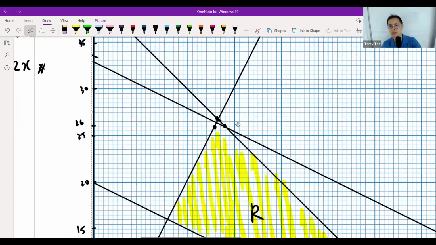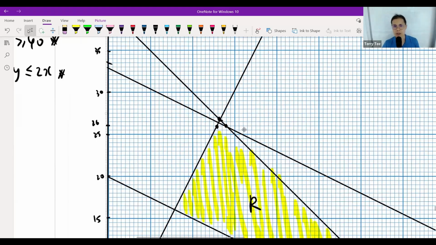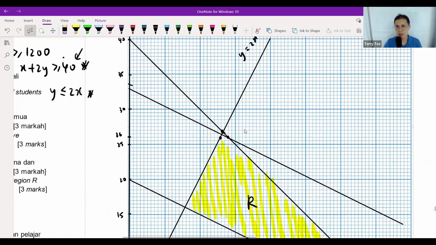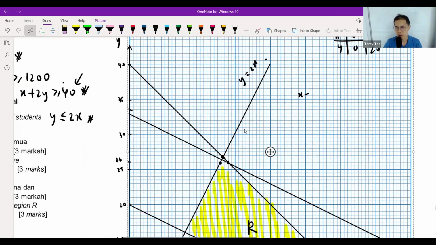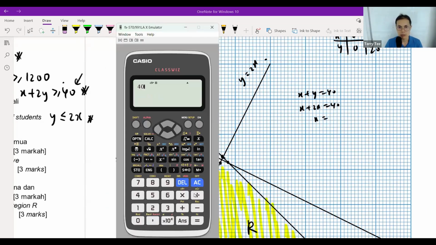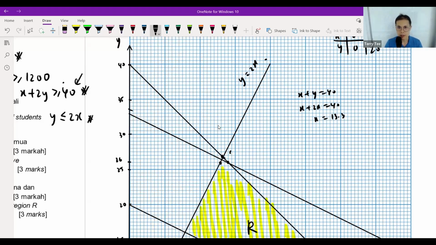One of the things we can do to double check is take this equation: 2x plus y equals 40. If you take 2x plus y, which is 2x, equals 40, then 40 divided by 3 is 13.33. So this point actually intersects at 13.33, and your y will be times 2, 26.66.